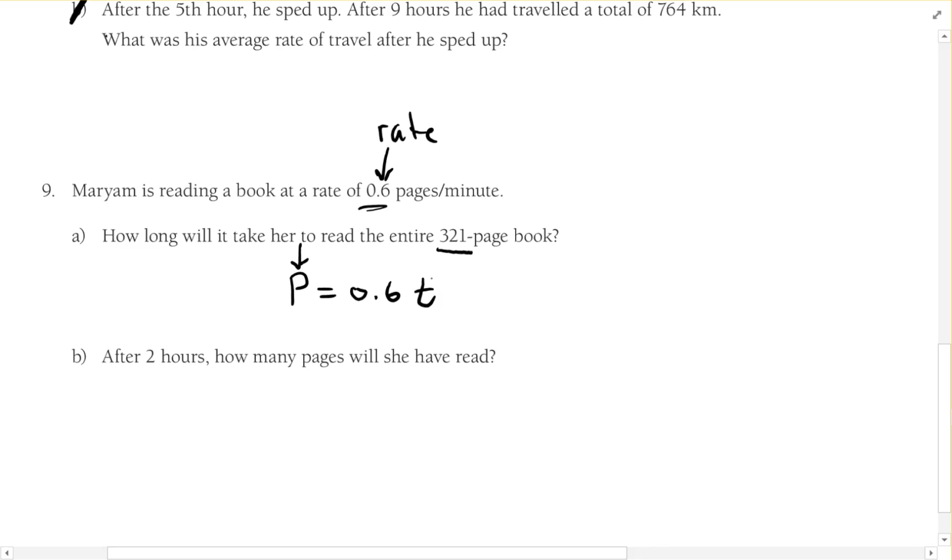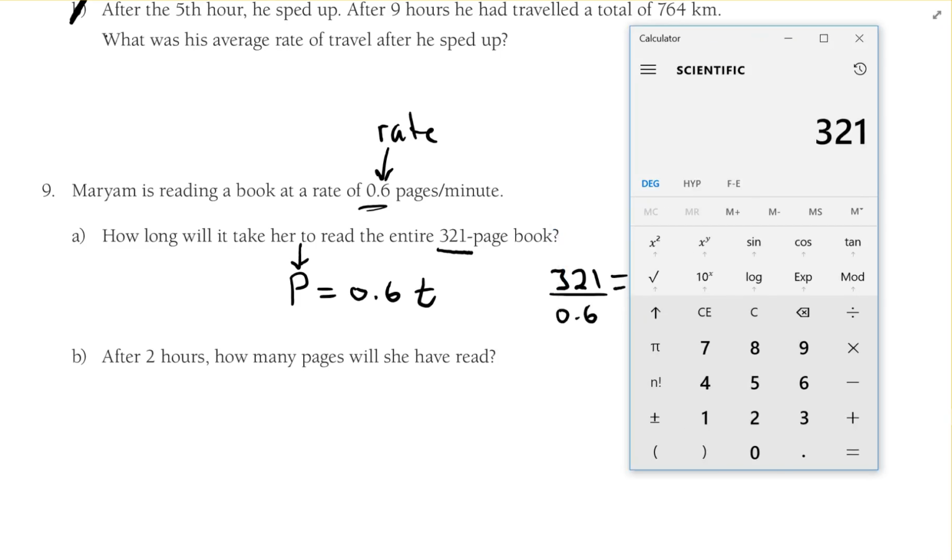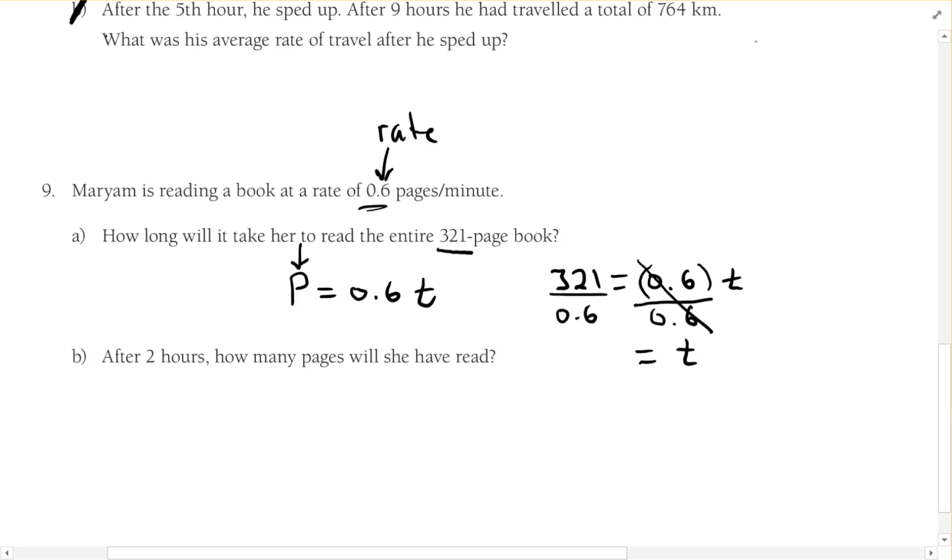I'll write it as 321 instead of p is equal to 0.6 times t. So then the next thing I'm going to do is just divide both sides by 0.6. And we are left with t is equal to 321 divided by 0.6. So 535.